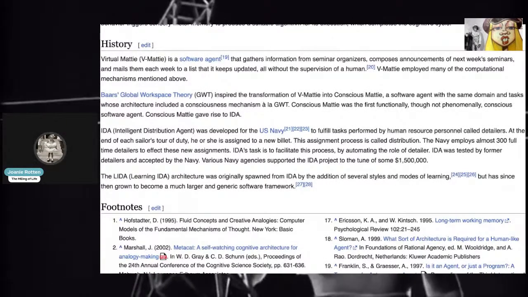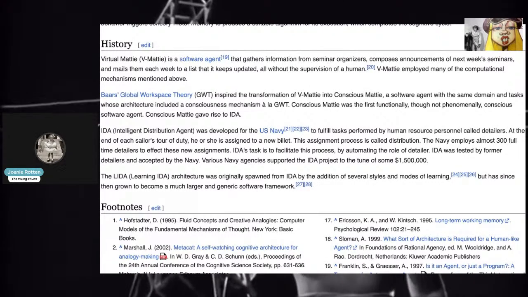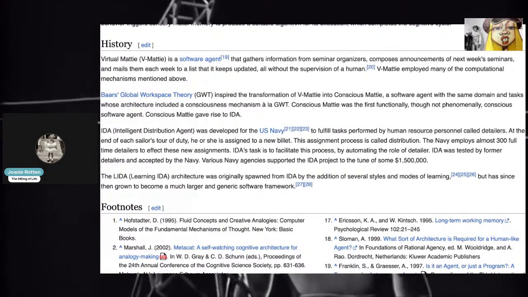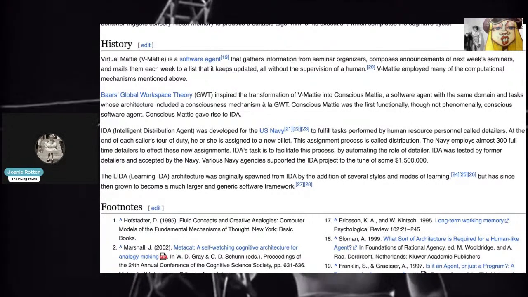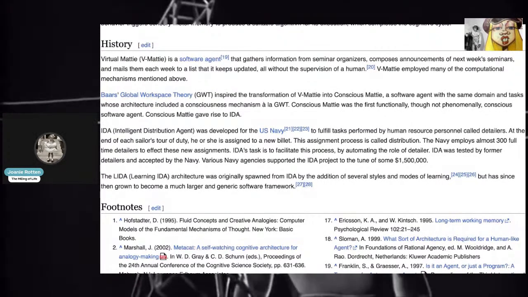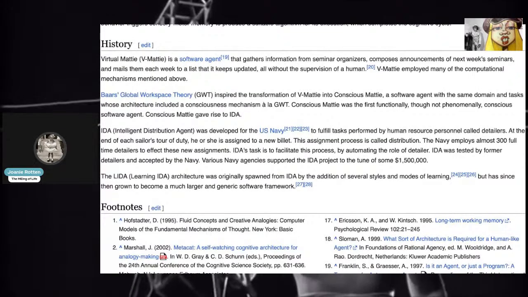IDA's task is to facilitate this process by automating the role of detailer. IDA was tested by former detailers and accepted by the Navy. Various Navy agencies supported the IDA project to the tune of some 1,500,000,000. Is that correct? I've got to count my commas.